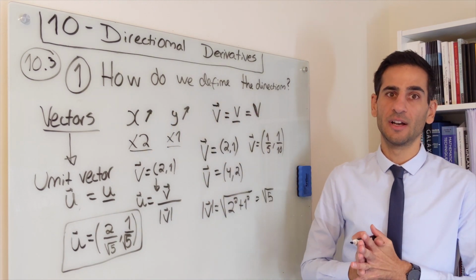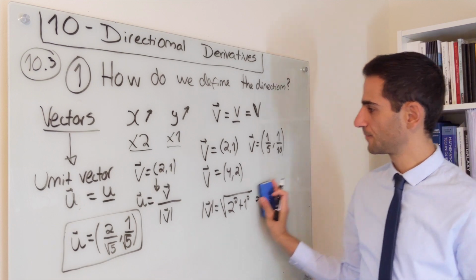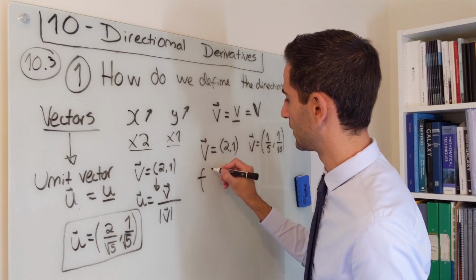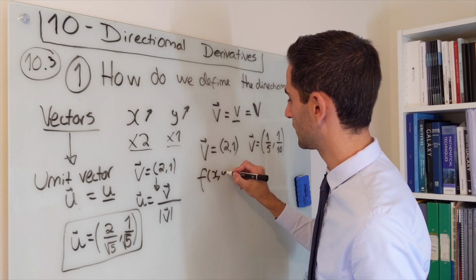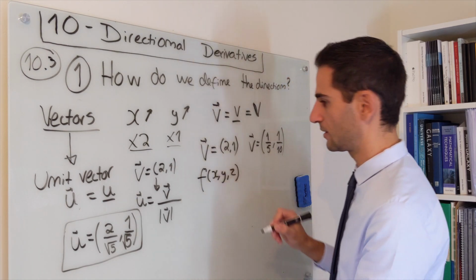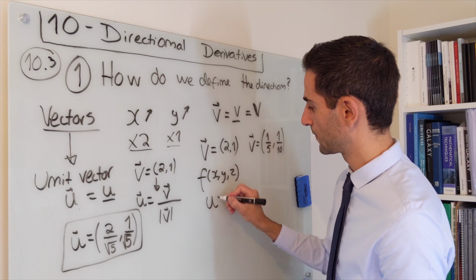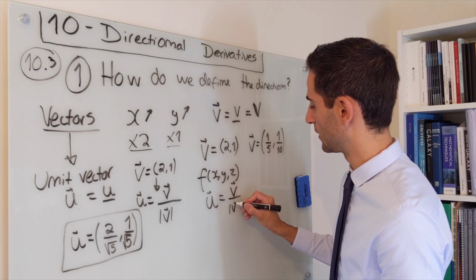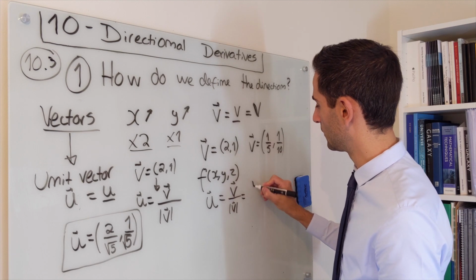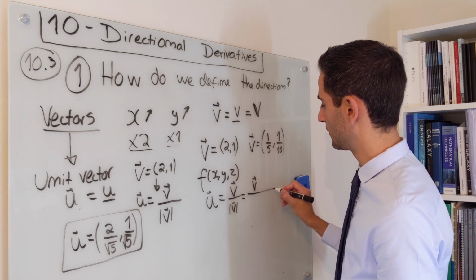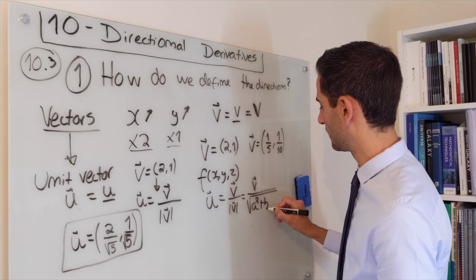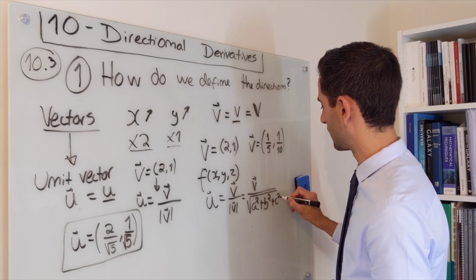If you have a case of a function where the function is defined and has 3 variables such as x, y, z, then the unit vector will obviously be calculated the same way, but now you're looking at the components of v and then you're dividing by the square root of a squared plus b squared plus c squared.